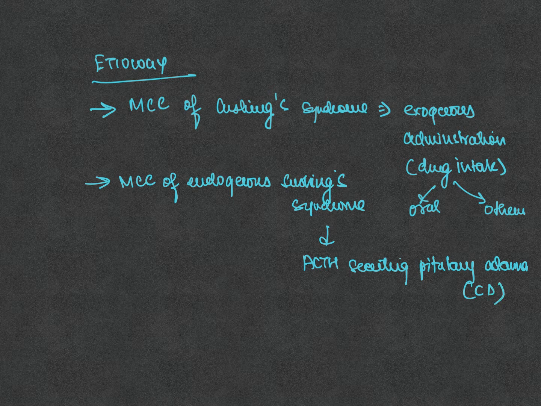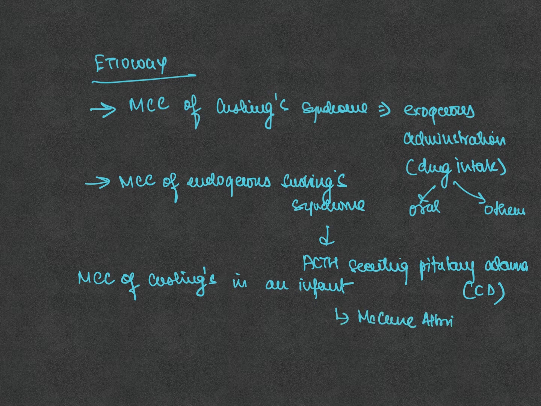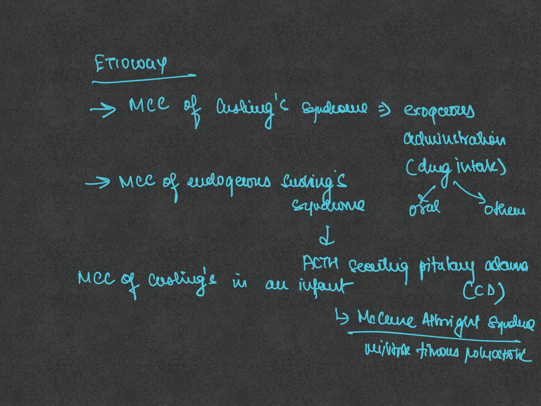And most common cause of Cushing's in an infant is going to be McCune-Albright syndrome, which basically presents with multiple fibrous polyostotic dysplasias. Along with that, it has Cushing's syndrome.